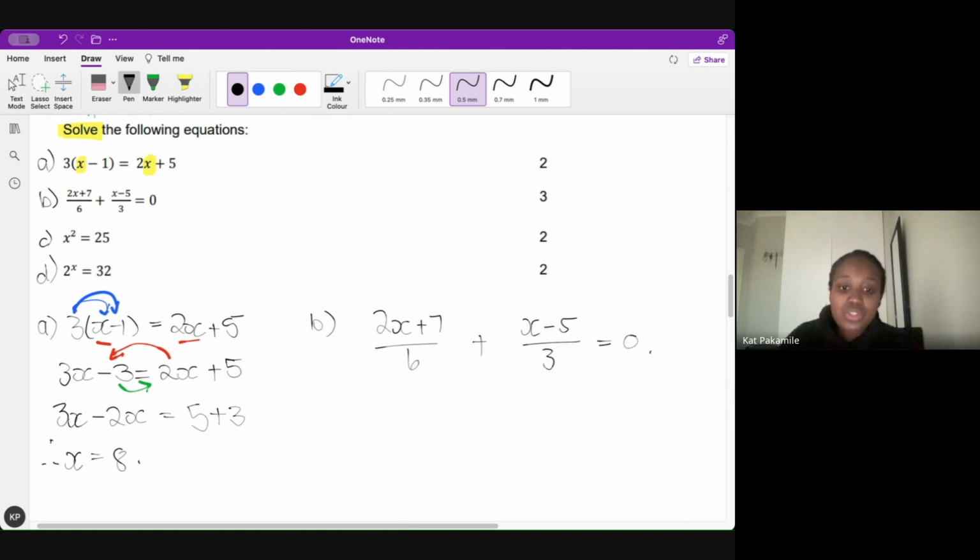What do you think we're going to do with B? I have 2 fractions that I'm adding. Equals 0. So we're going to find the lowest common, not multiple, but lowest common what?